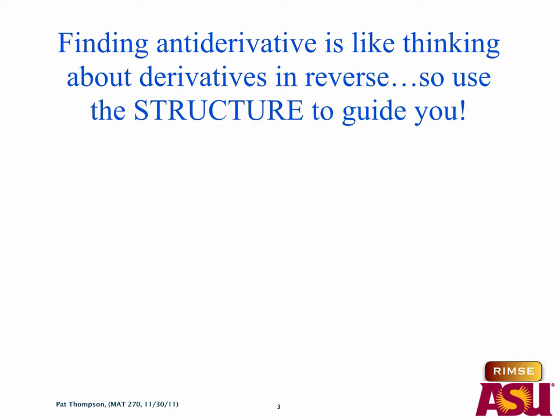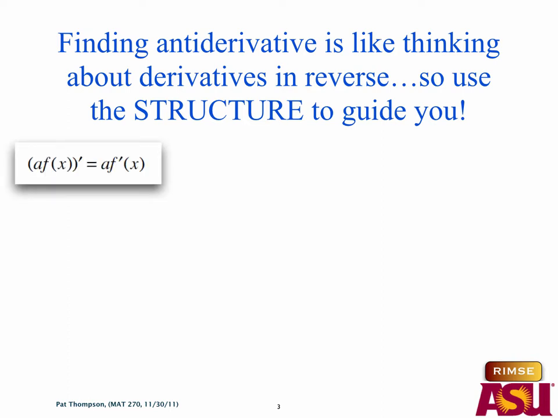Well, the same logic goes into finding antiderivatives. So if you're still struggling with the computational aspect of finding antiderivatives, my suggestion is to really think about the structure of the function inside of the integral, okay? Because remember, finding antiderivatives is really just doing derivatives in reverse.